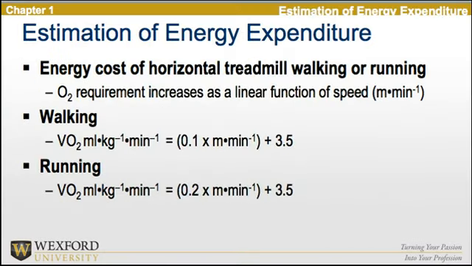Next, we want to take a look at the estimation of energy expenditure. If we look at the energy cost of horizontal treadmill walking or running, the O2 requirement increases as a linear function of speed, which is meters per minute.